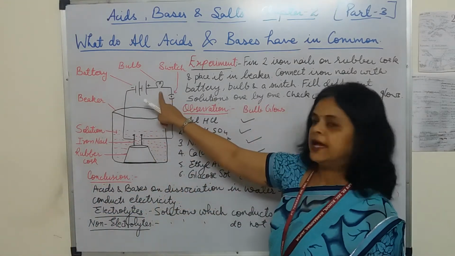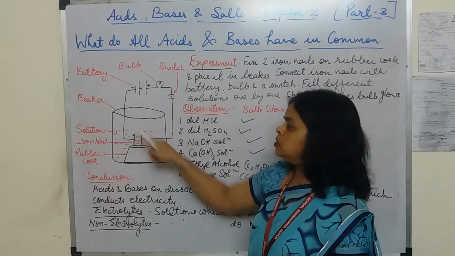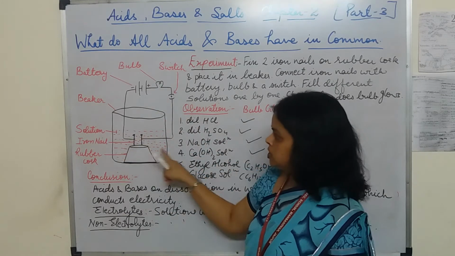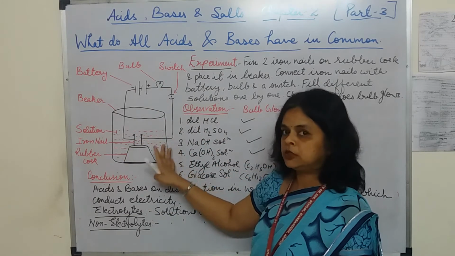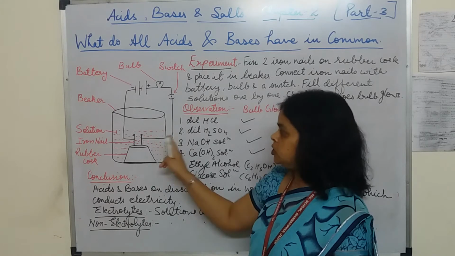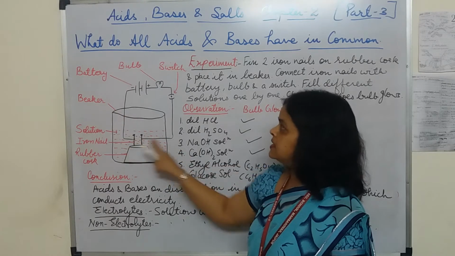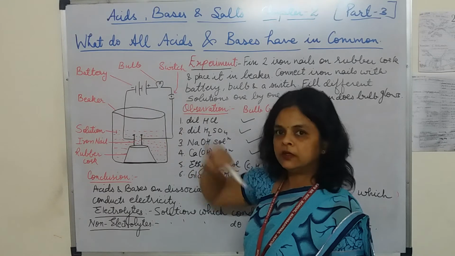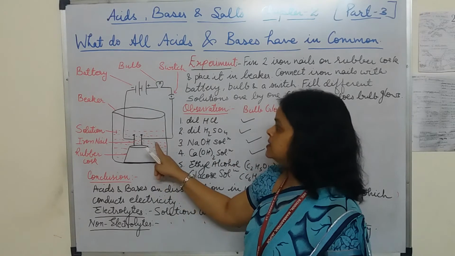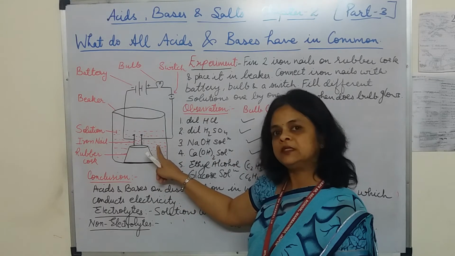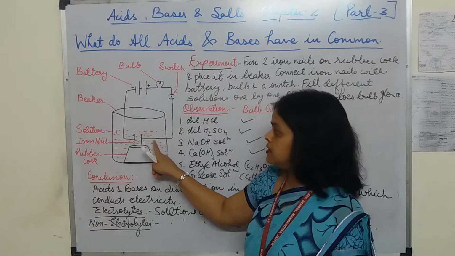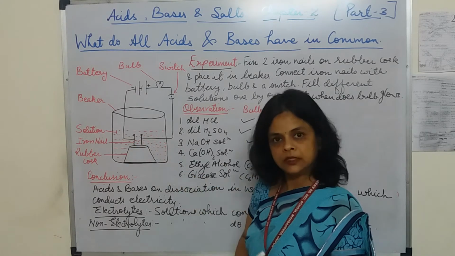Now let's consider this activity. If this bulb has to glow, what should be there? This solution which is filled in this beaker should be conducting. It should be conducting, then only the circuit will be complete and the bulb will glow. Now when will this solution be conducting? When it is producing ions, because the ions are going to conduct the electricity.